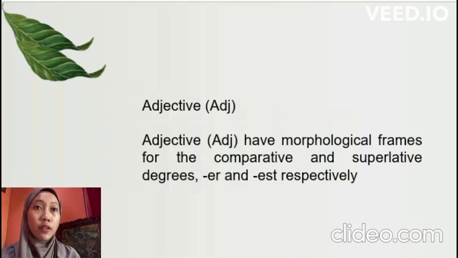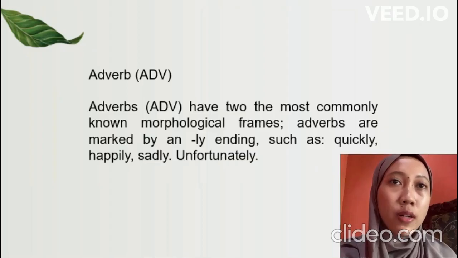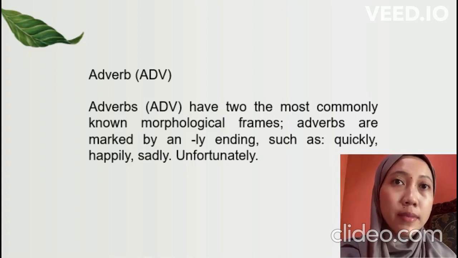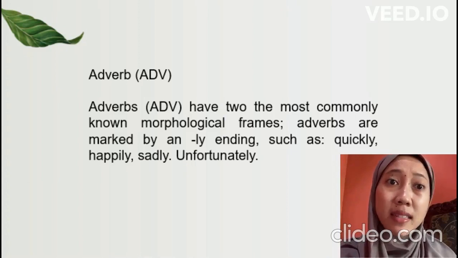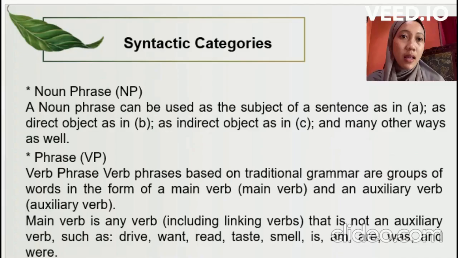Adjectives have morphological forms for the comparative and superlative degrees, -er and -est respectively. Adverbs. Adverbs have two of the most commonly known morphological forms. Adverbs are marked by an -ly ending, such as quickly, happily, sadly, unfortunately.